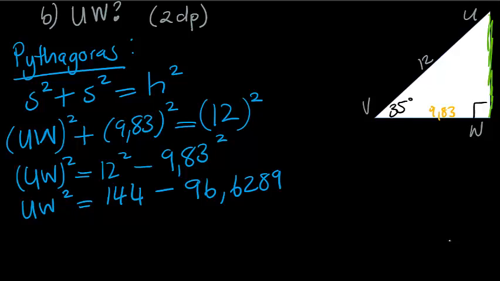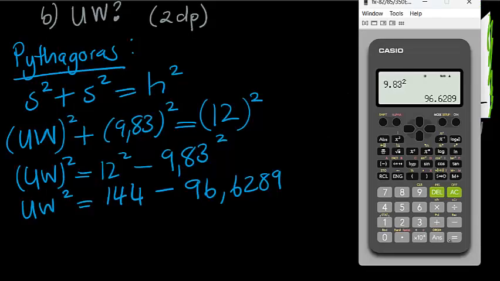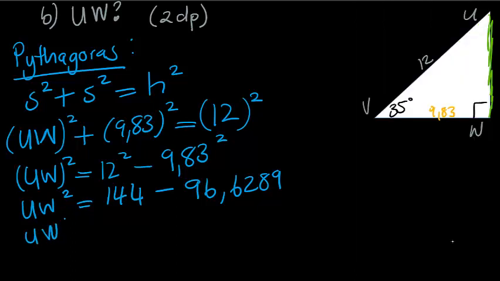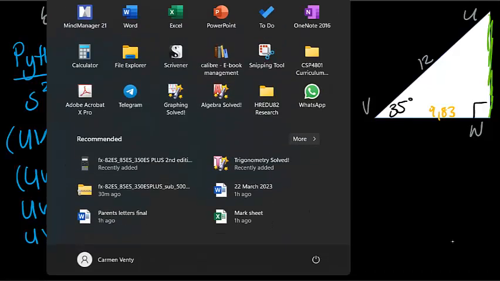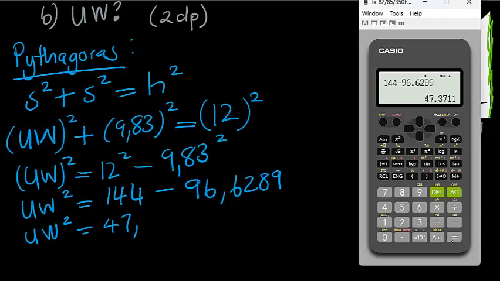Then I subtract. 144 minus 96,6289 gives me an amount of 47,3711. UW squared is 47,3711.